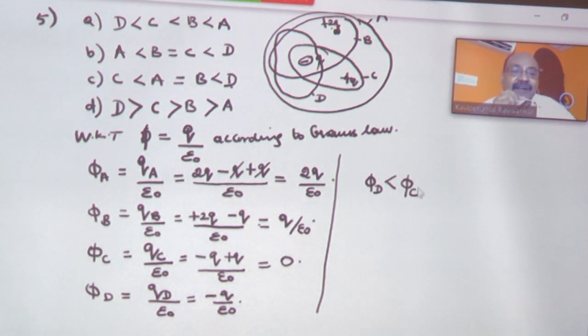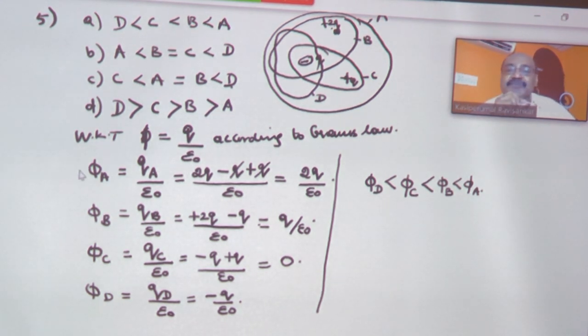Then the flux of C is less than the flux for B, phi of B. Then the greatest value is the flux for A, because it is 2q divided by epsilon 0. So what is the answer then? The answer is option A.